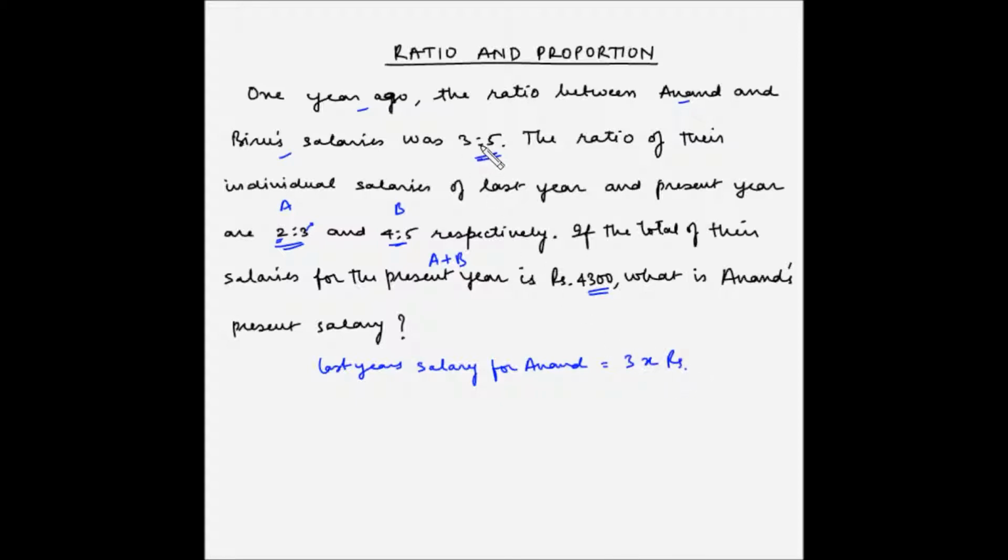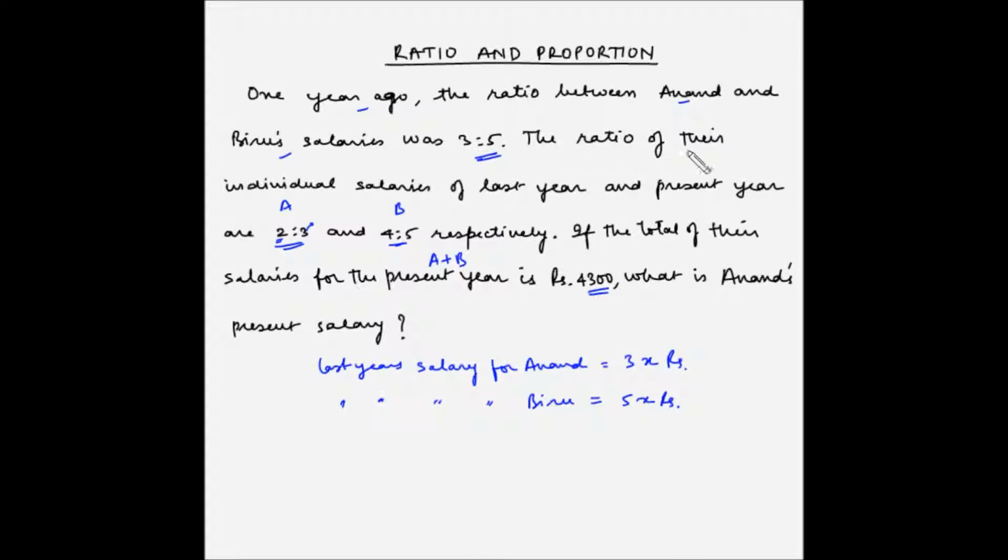So basically 3:5, so this can be 3x and 5x. So basically x gets cancelled, so the ratio becomes 3:5. And last year's salary for Biru is equal to 5x rupees. So this is both for last year.